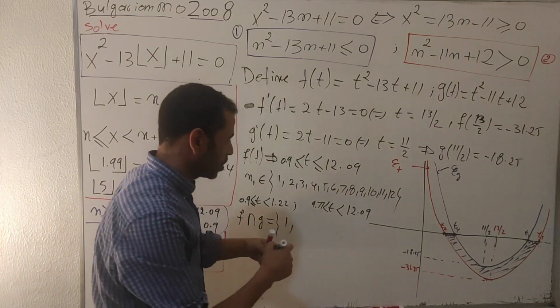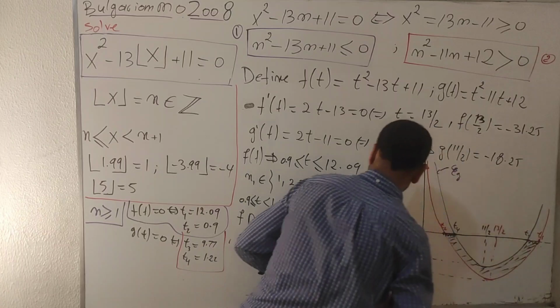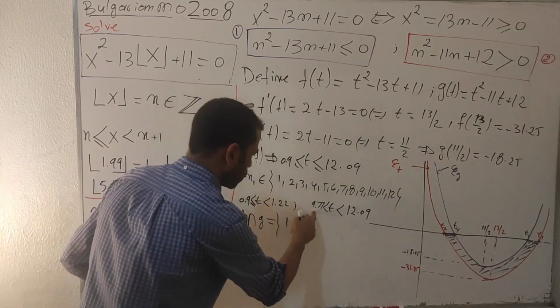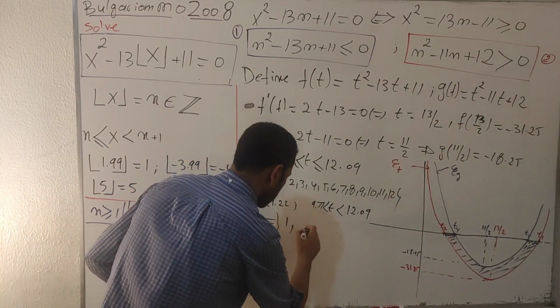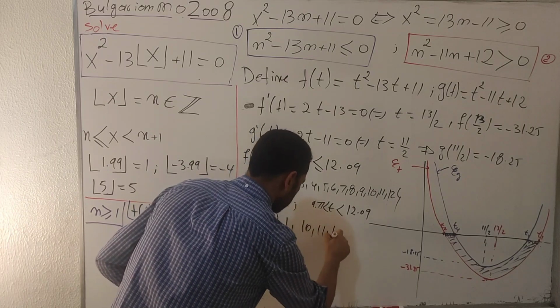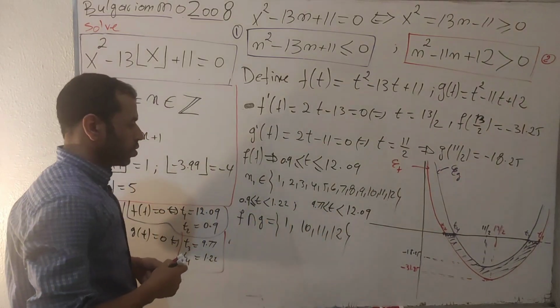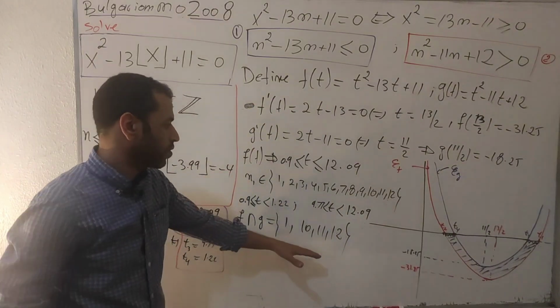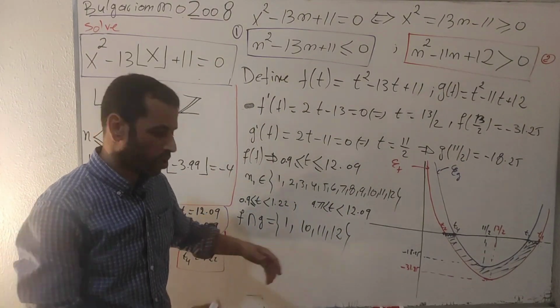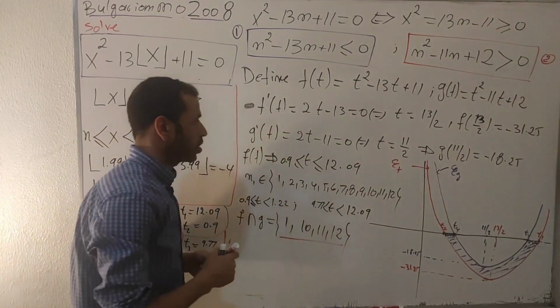Let's move on to the second interval, which is this one. I'm going to take the following values: I will take 10, 11 and 12. So I will have 4 different values for n. This is the solution for this inequality.